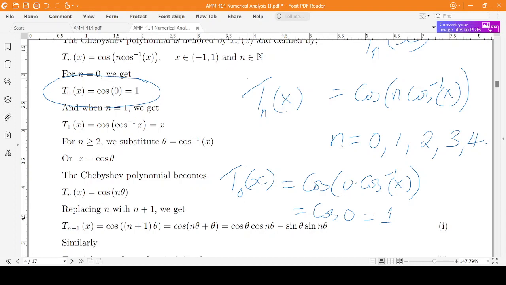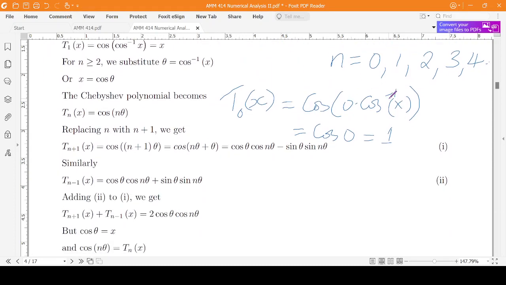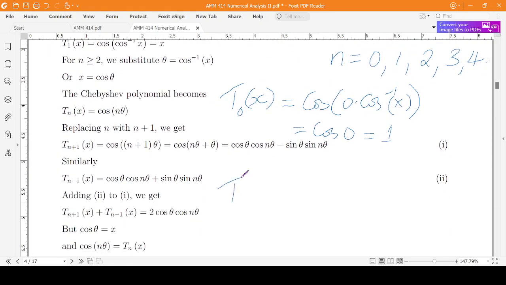If we put n is 1 in this expression, then we shall have cosine of 1 times cos inverse of x.